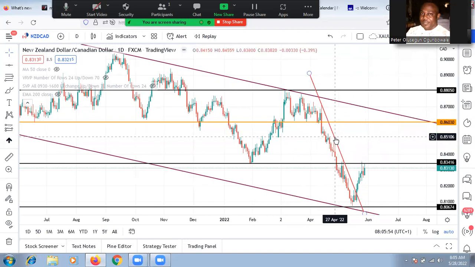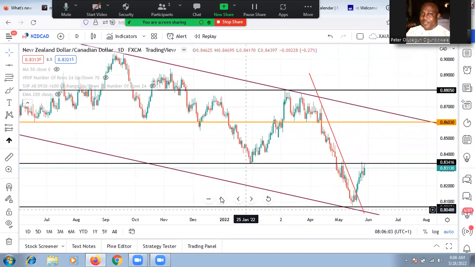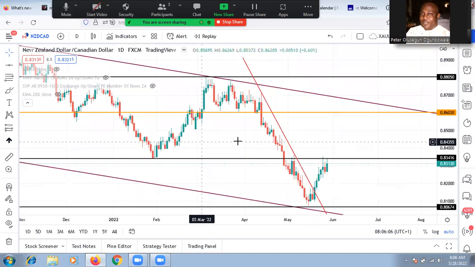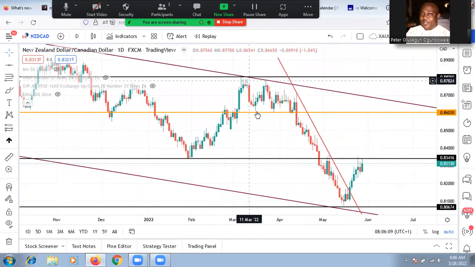This might not be the way to draw it, but let's look at the internal structure of this one to see where this wave started from. After this move, a move down, and a wave up, a move down, and this might be a part of a correction at the end of the day.